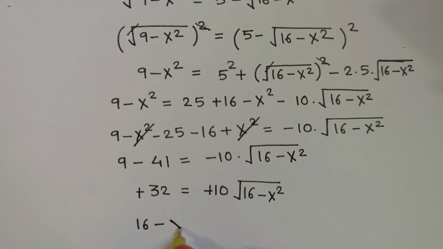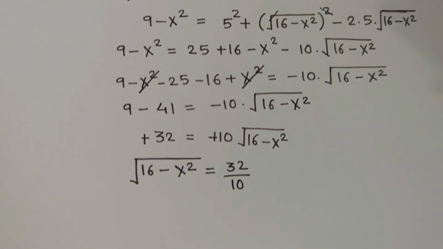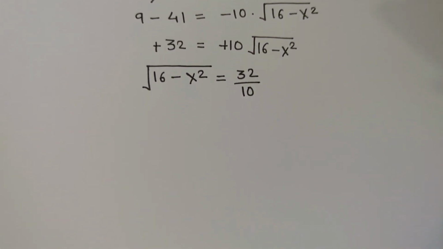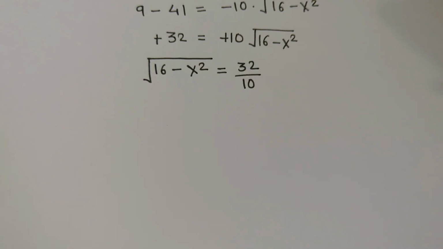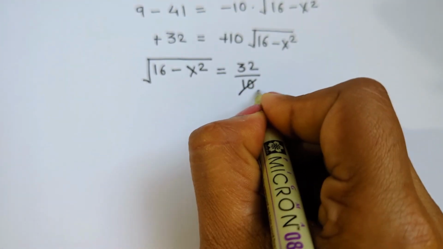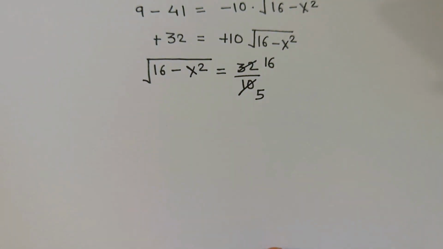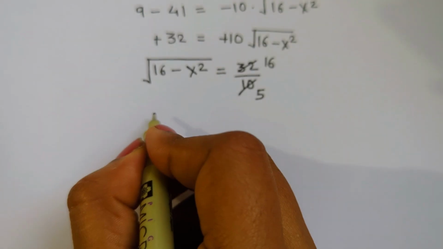Square root of 16 minus x square is equal to, taking the 10 on the right hand side, 32 divided by 10. Let us divide by 2, then the right hand side would be 16 divided by 5.